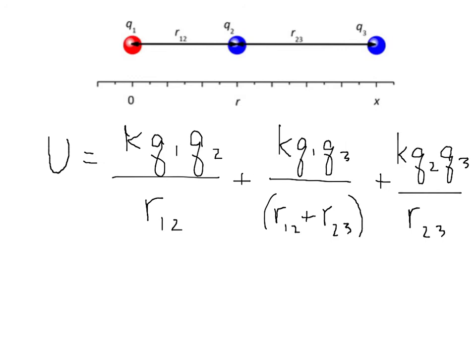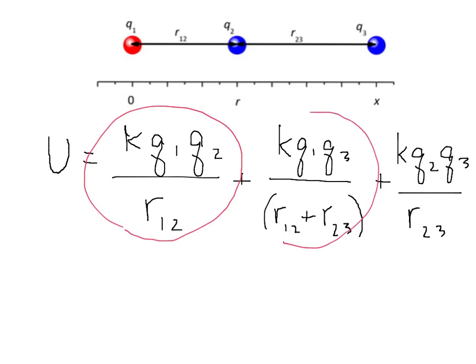Now let's consider the sign of each of those terms. Q1 is a positive charge, as it looks there in red, and 2 and 3 are negative charges. So whenever we group oppositely signed charges together, we're going to introduce a negative sign. That would be this term here, Q1 with Q2, and it would also be Q1 with Q3.